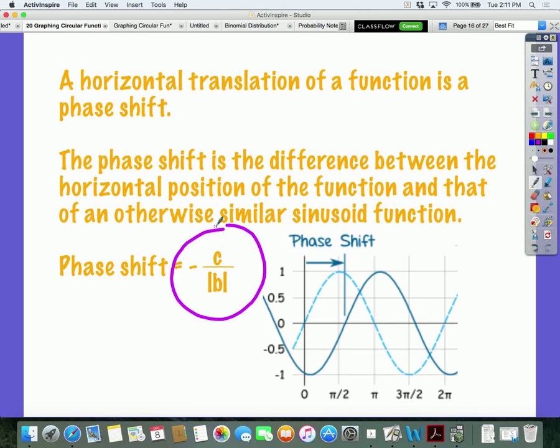That's where the c comes in. The c is right there inside of the parentheses with the x. Anything on the inside affects your x's. So to graph something with a phase shift, all you do is either add or subtract the c over b to all your x values.